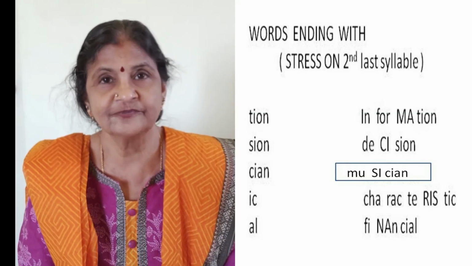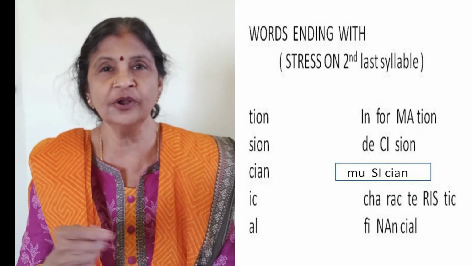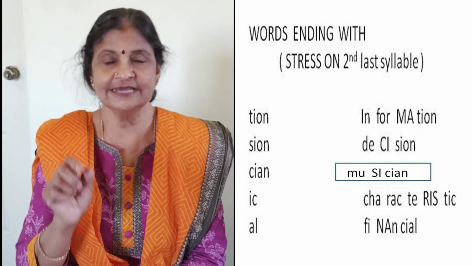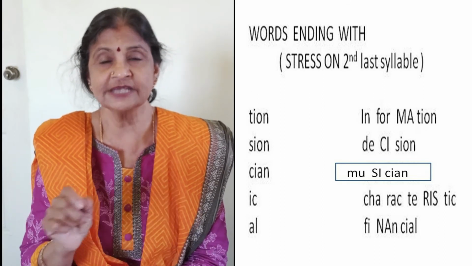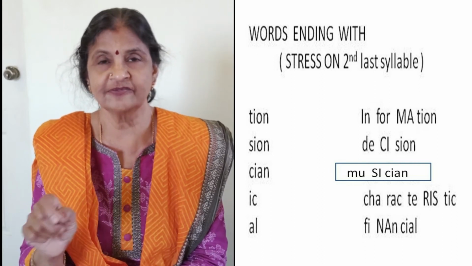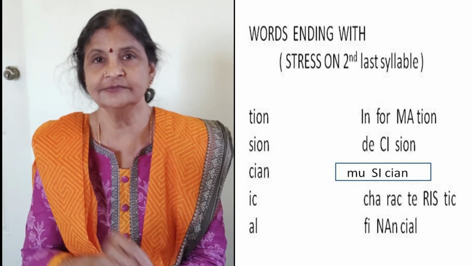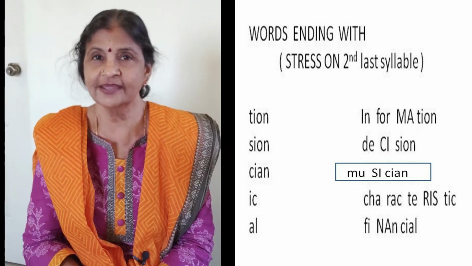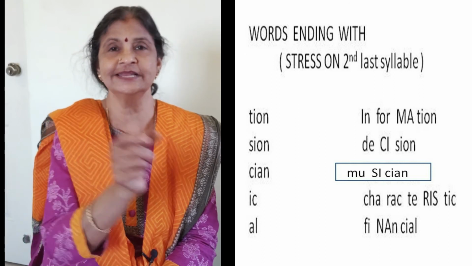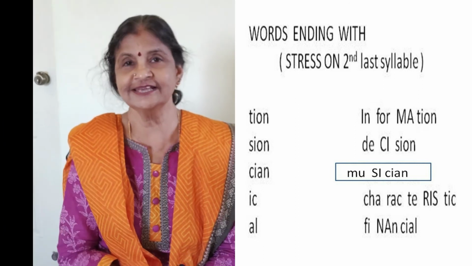For words with 3 or 4 or more syllables, if the words end in tion, sion, cian, ic, al, ia, then the stress will be on the second last syllable. Let's take the example.